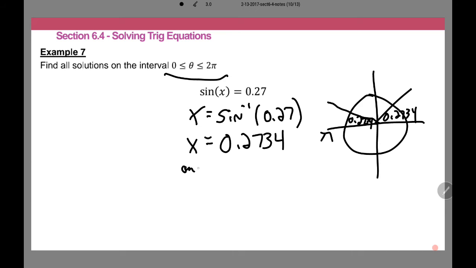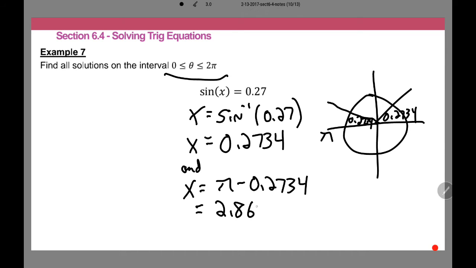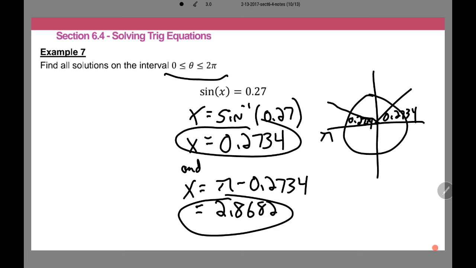So I need to take pi minus that 0.2734 to find my other angle. And if you do that, you get your other answer for x being 2.8682. So we're going to have two values of x that work.